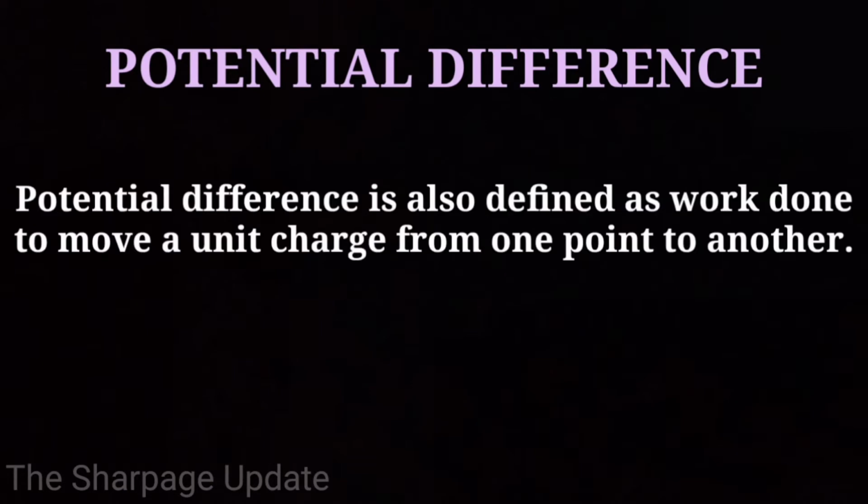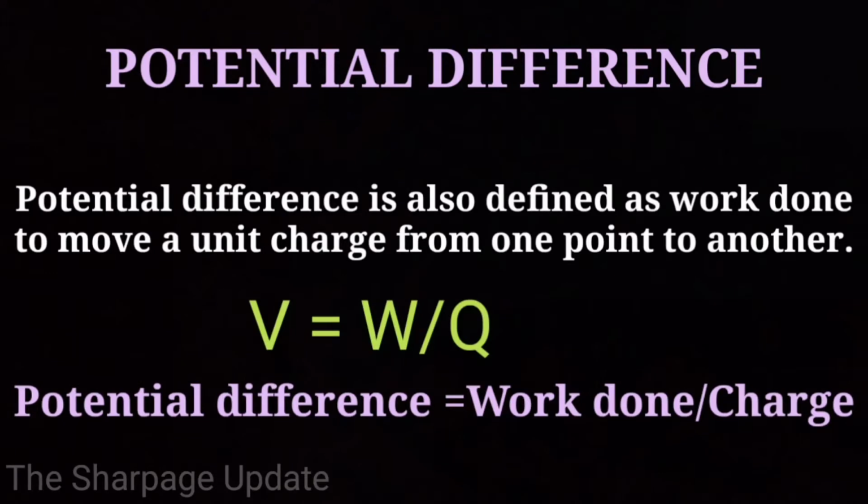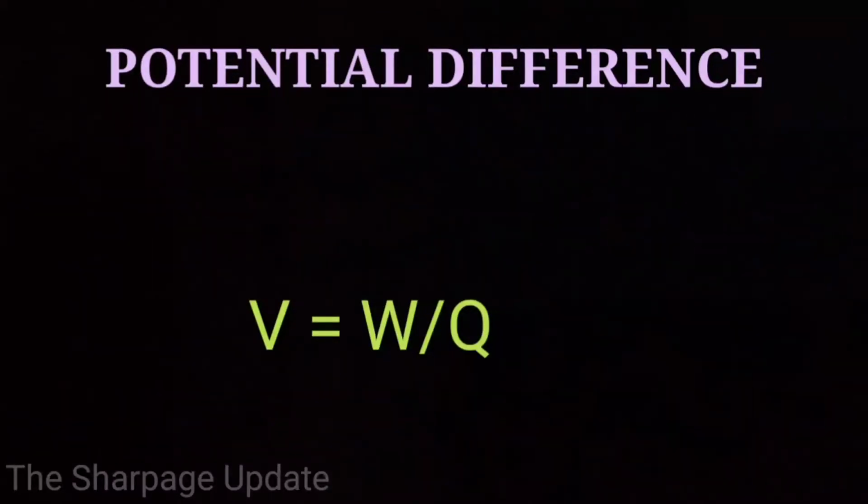So, potential difference is also defined as work done to move a unit charge from one point to another, and the formula for potential difference is work upon charge, or W upon Q, and the SI unit of potential difference is volts.